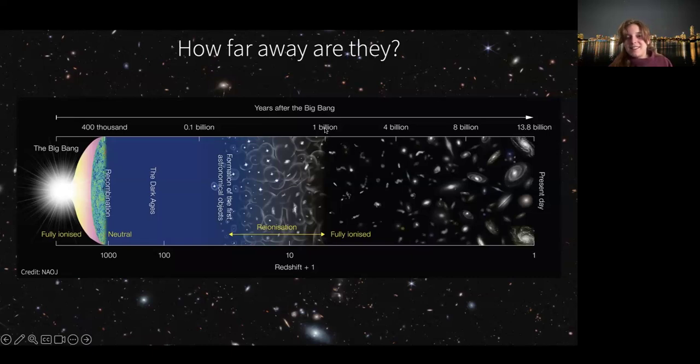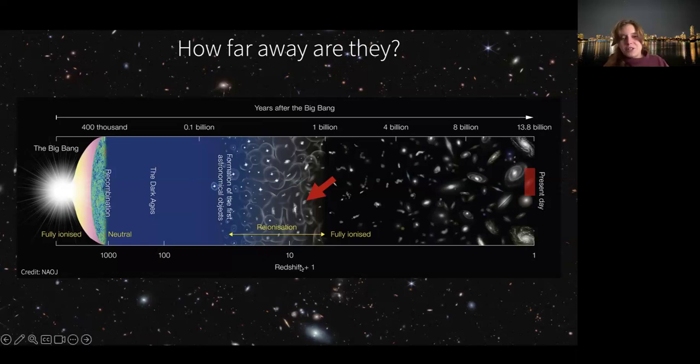So this is where we are, right? And this epoch around 1 billion years after the Big Bang is roughly what I'm going to be talking about when I talk about these high redshift quasars, or quasars that are very, very far away.